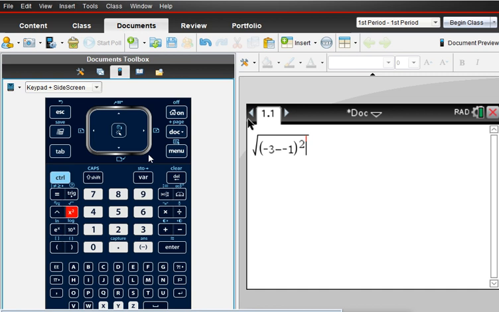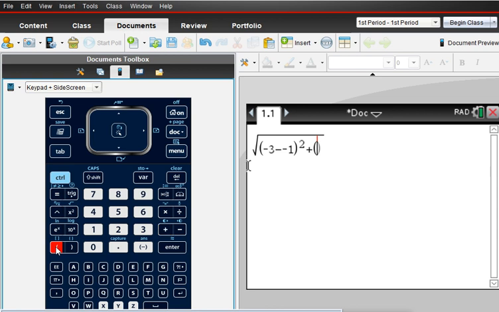Now this is where some of you end up with issues, because you need to keep going and just press plus sign. Some of you, however, will end up pressing this over button, and that ends up outside of that square root, which means that everything's not getting square rooted. So you need to make sure that you are inside that square root sign, and that square root sign keeps going over the top of your equation.